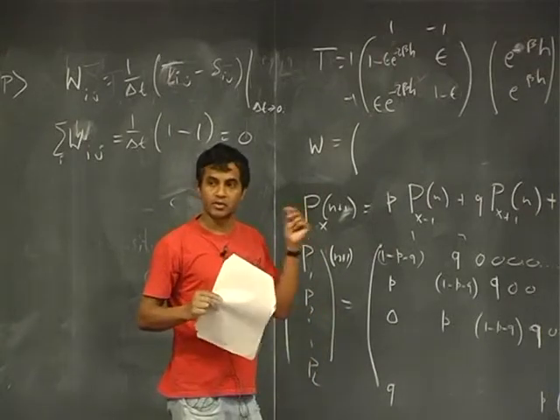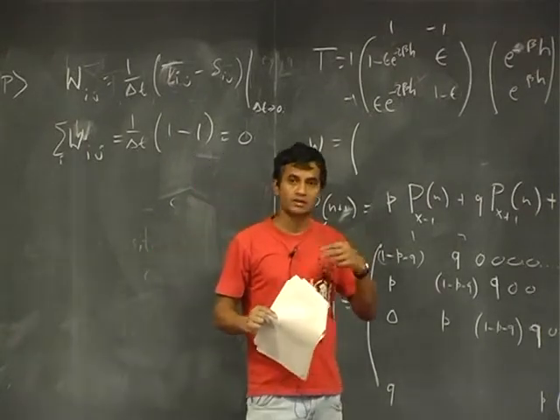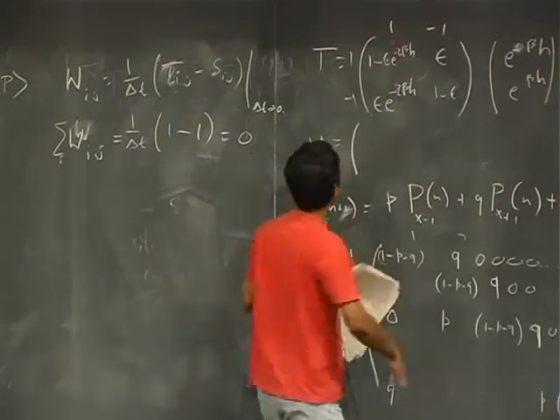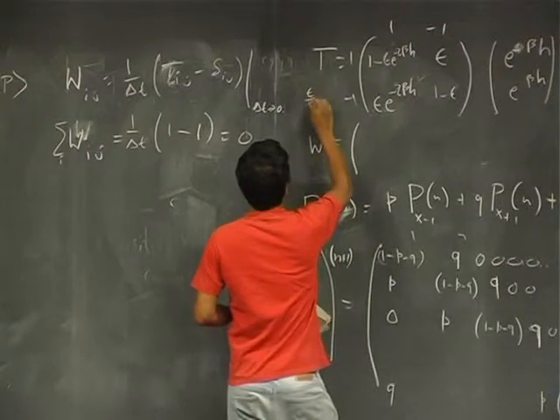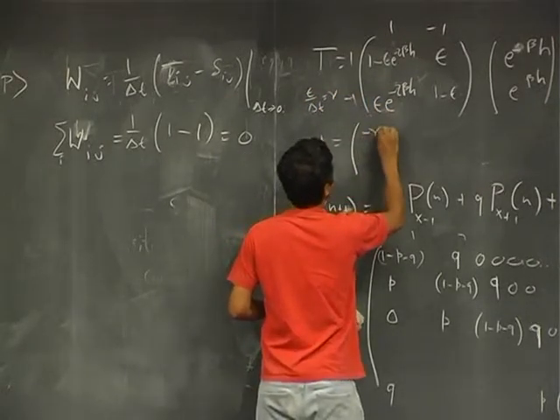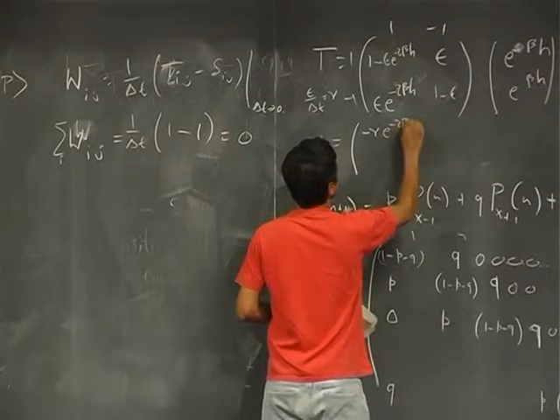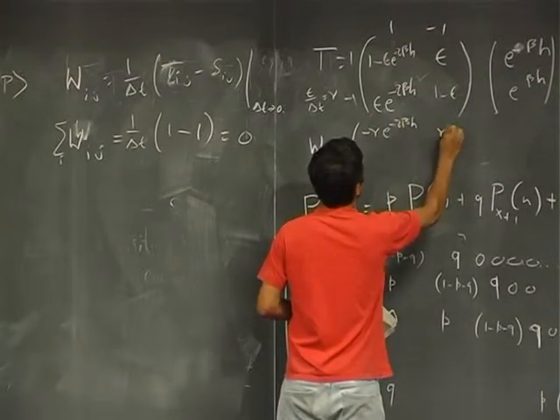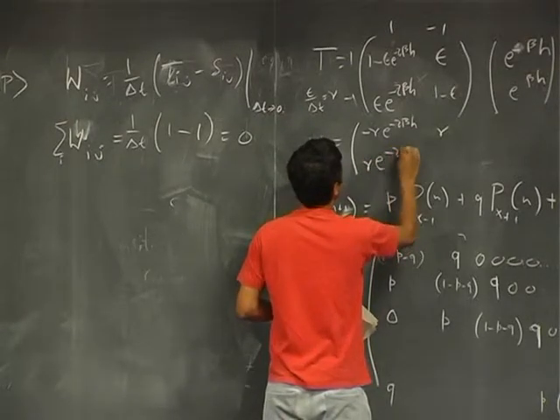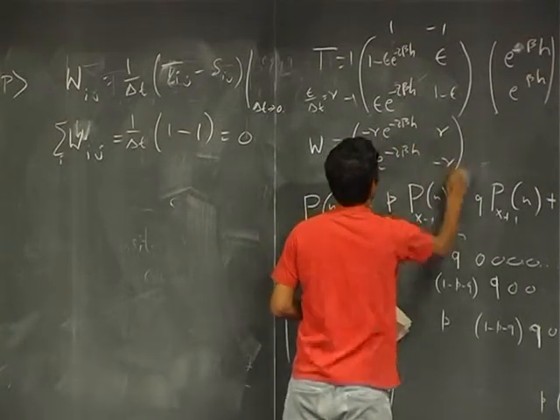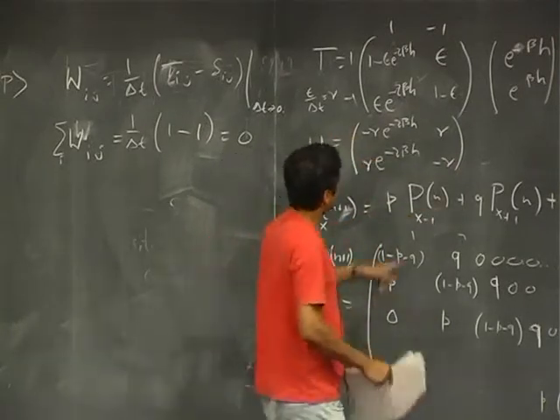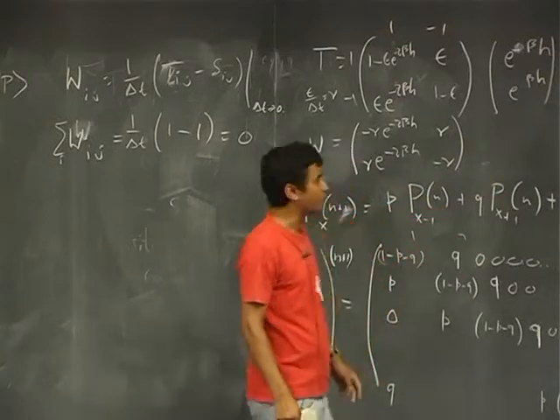Earlier these were transition probabilities, now these are rates, with dimension of 1 by time. So we call epsilon by delta t some rate r. Then this becomes minus r, e to the power minus 2 beta h, and this is r, and this is e to the power minus 2 beta h, and this is r. You can see that the sum of the columns is now 0, and of course this will continue to be true.